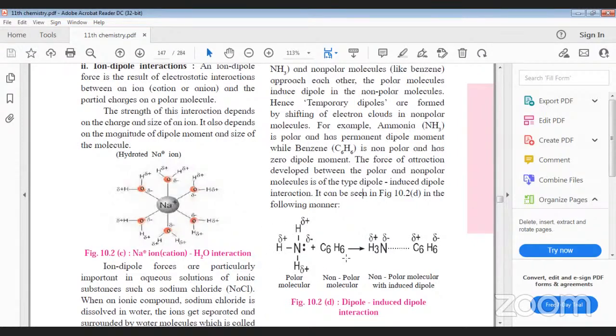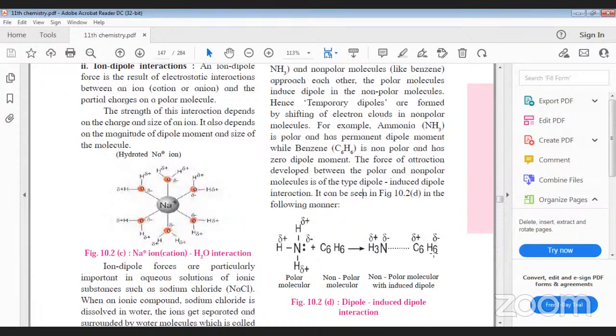Benzene, as I've said, doesn't have any polarity. But if I bring this non-polar molecule benzene in the vicinity of the polar molecule, slowly there is an induction, a formation or creation of polarity in the non-polar molecule. So you can see now carbon is slightly delta positive and hydrogen is delta negative.